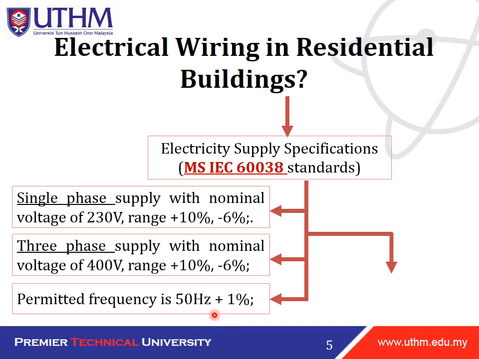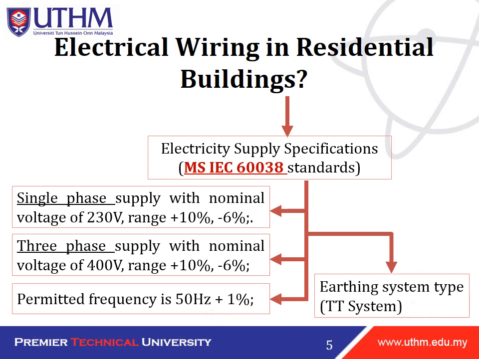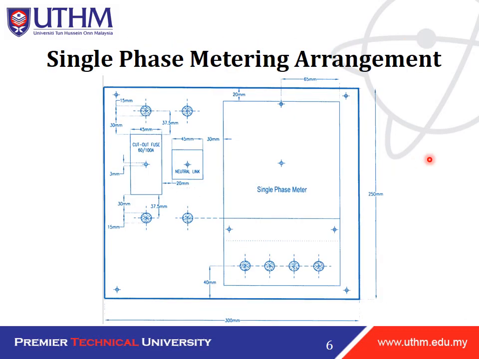Then the permitted frequency is 50 Hz plus or minus 1%, and also the earthing system type, which is TT system.